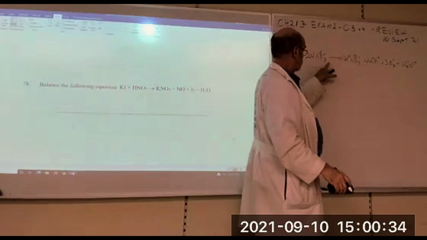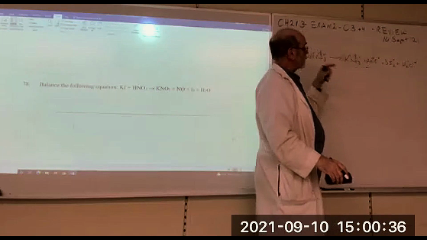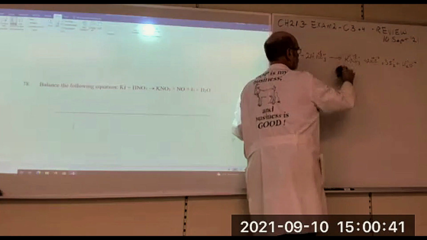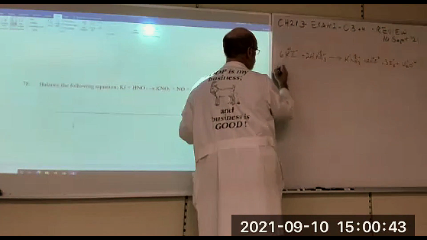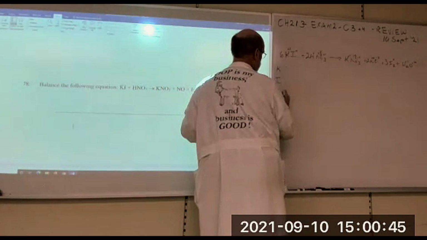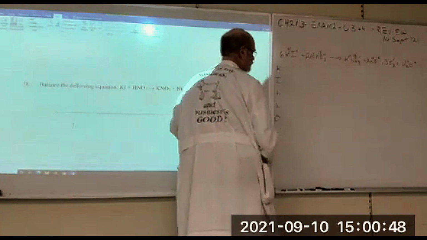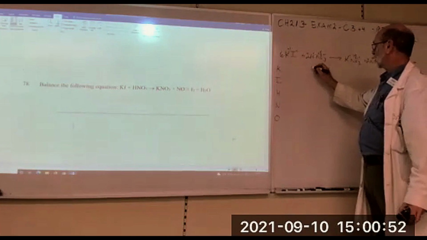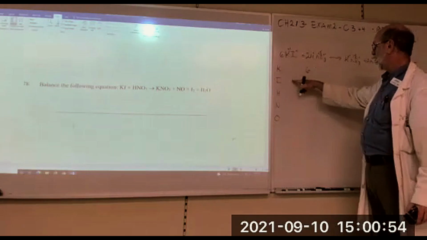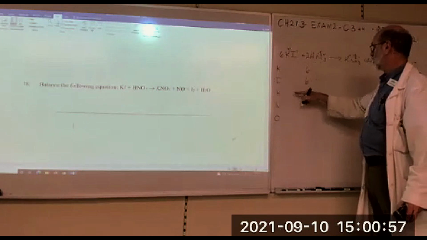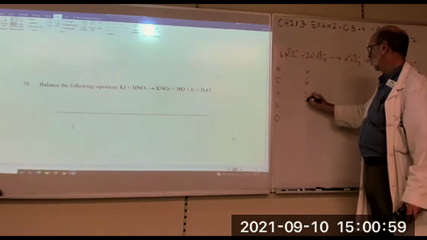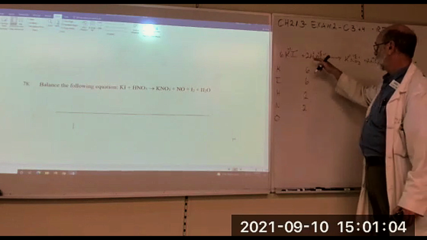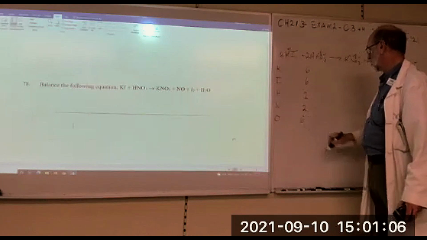Since we broke up here, we are going to have individual potassium, iodine, hydrogen, nitrogen, and oxygen. Okay, so potassium's on this side, we got 6. Iodines, we got 6. Hydrogens, we got 2. Nitrogens, we have 2. And oxygens, we have 6.